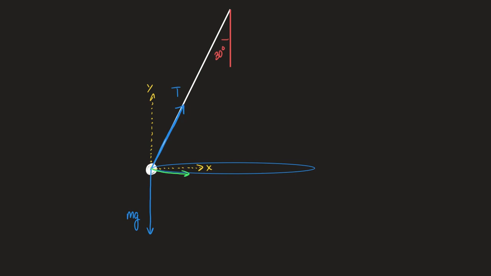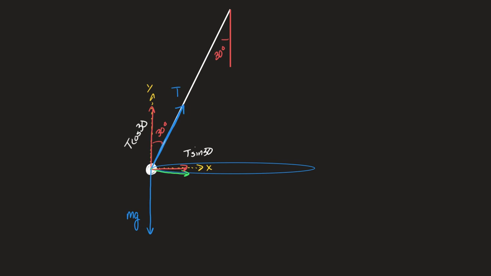A component along the Y direction and a component along the X direction. Doing the geometry, this has got to be 30 degrees, which makes this component T cosine 30 and this component T sine 30. I'm expecting that at this point you guys can do your trig.